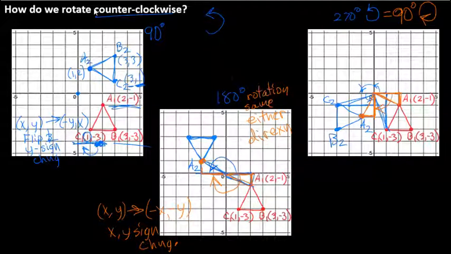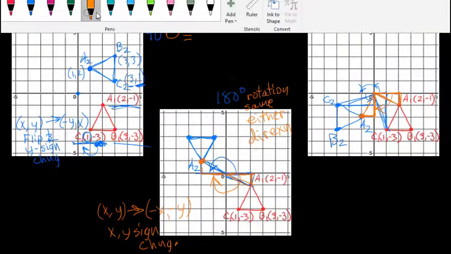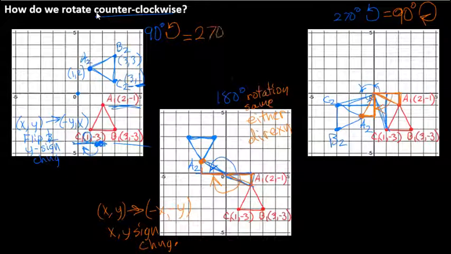All right, they're the same thing. And it turns out 90 degrees counterclockwise is the exact same thing as 270 degrees clockwise.